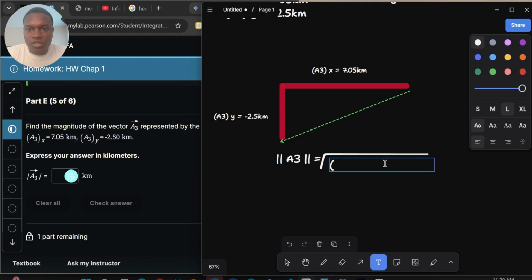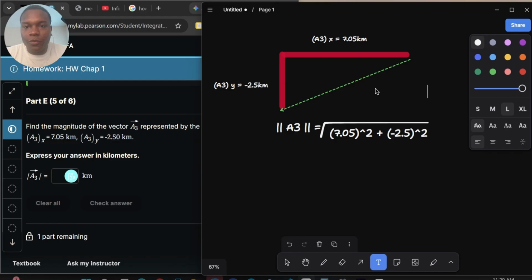You would do 7.05 squared, the order does not really matter, plus negative 2.5 squared. And this would be your magnitude for vector A3.